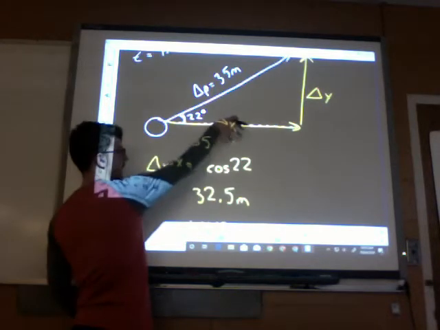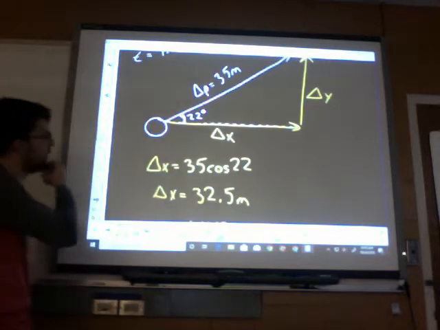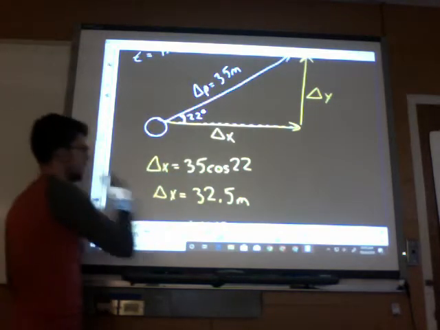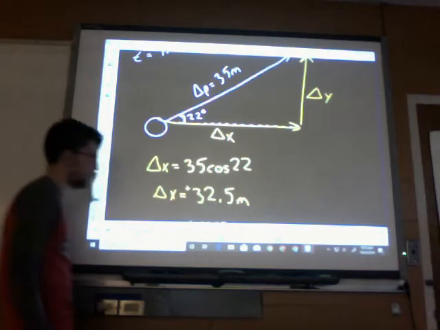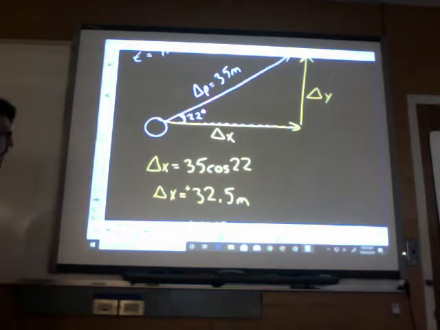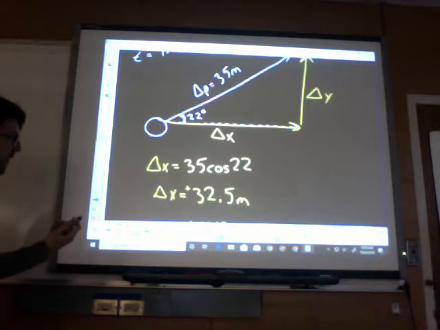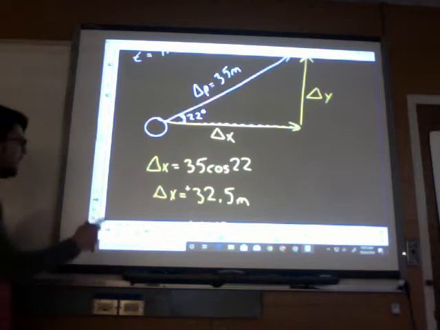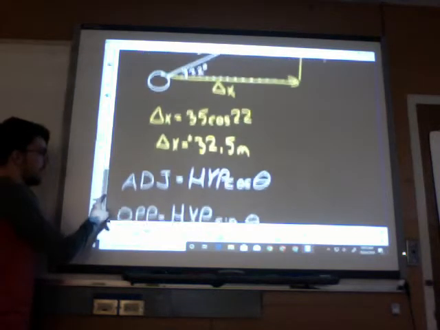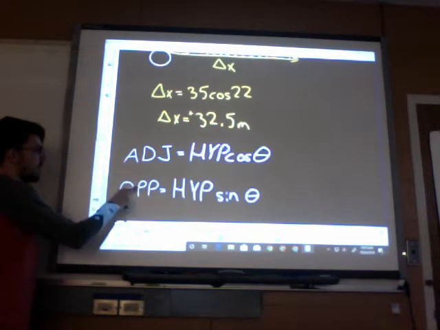Is delta X plus or minus? Plus. So it looks like we could have missed that. Okay, now we're ready to find Vx. But you know what? While we're at it, let's find the opposite side.